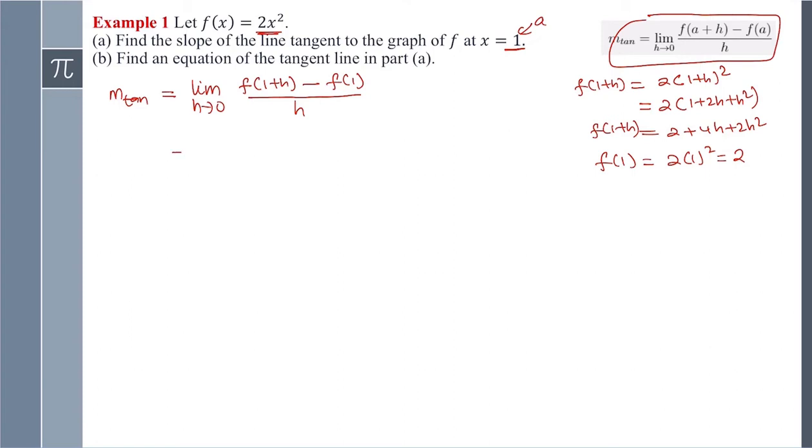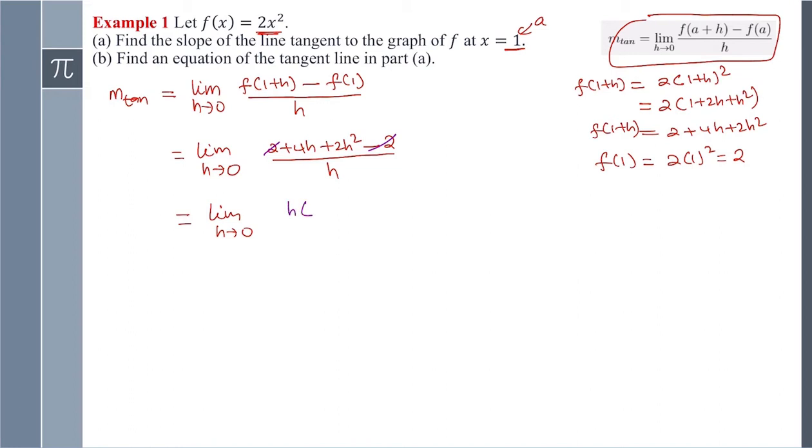Now let's bring them back here and put them into our formula. So this equals the limit as h approaches 0 of f of 1 plus h, which is 2 plus 4h plus 2h squared, minus f of 1, which is 2, divided by h. Now we can simplify this because 2 minus 2 is 0, and then we can factor out h from the numerator.